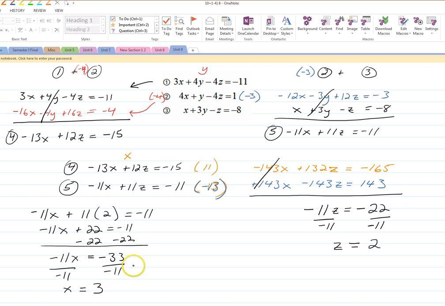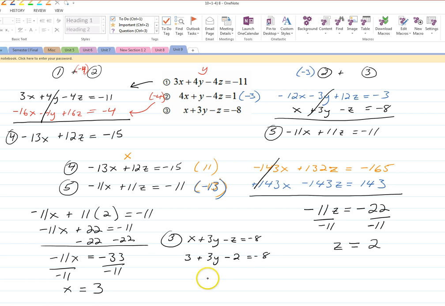So now I know my x value, I know my z value. So now I just got to find my y value. So I'm going to plug it into one of the easy equations. It'll give you the same answer no matter which one you use, but I think I'm going to work with equation 3. So x plus 3y minus z equals negative 8. So plug the x in, plug the z in.